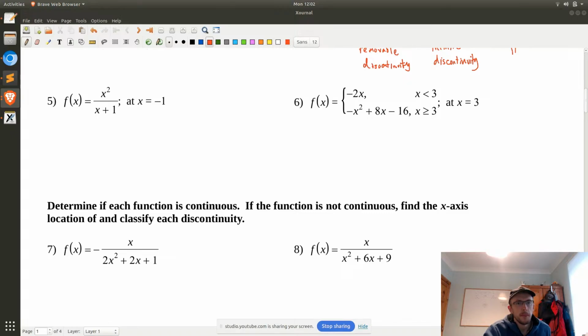Okay, so this will essentially have the behavior of a linear function, but I want to know what the more precise language of that is in a second. And therefore, I believe that that will be a removable discontinuity.